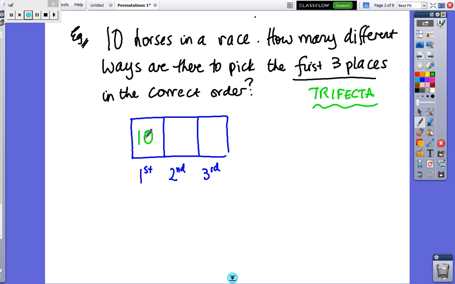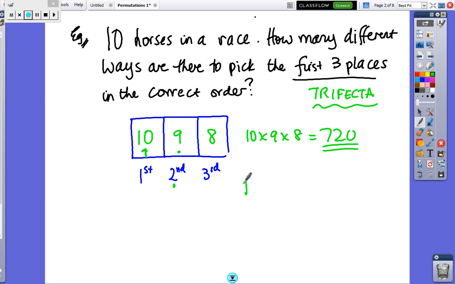But once that horse has been selected, there's only 9 horses left for second place, and then there's only 8 horses left for third place. In the multiplication principle, we just go 10 by 9 by 8, and that gives us 720. So there's 720 ways to arrange 10 horses into a first, second, and third.